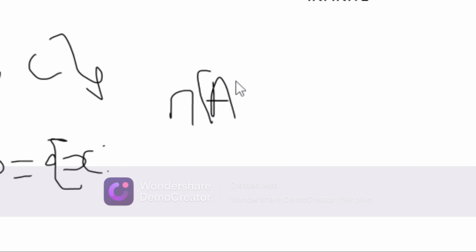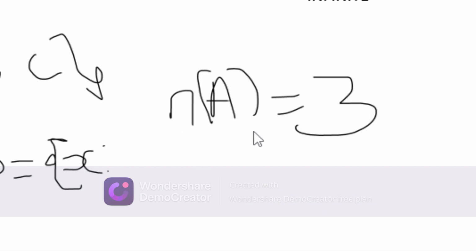We put A inside. When I was defining the cardinal number, I said the number of elements in a given finite set. So the cardinal number of A is, how many elements are in set A? We have 1, 2, 3. So it's equal to 3. That's what we mean when we say n of A. We are just looking for the number of elements in that set.